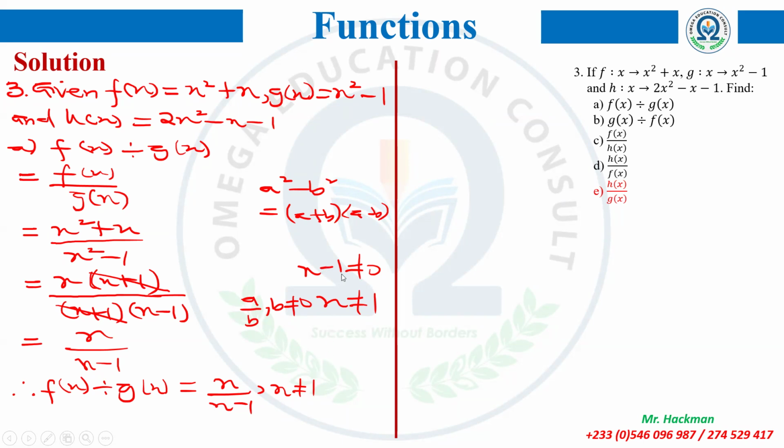So your denominator x minus 1, because it's like now the whole of this is your b and this is your a. Do you agree? This is a over b. So you said the condition is that b should not be equal to 0. So your b is x minus 1. It shouldn't be equal to 0. And you solve for the x. So if you solve for x, x will be here. Then you move this 1 to the other side, which will give us x not equal to 1. Is that clear now?